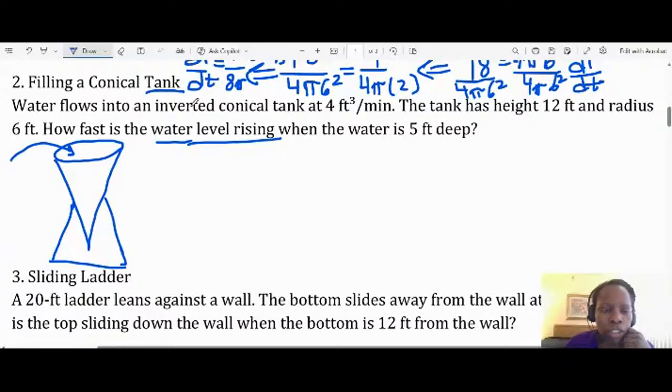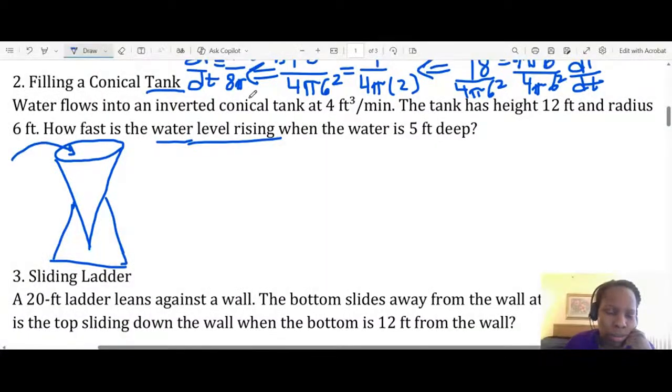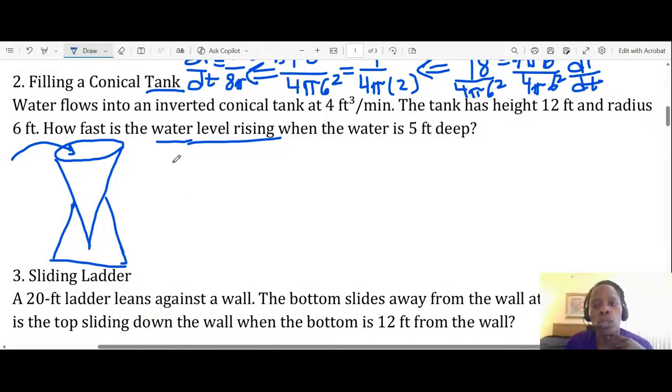Water flows into an inverted conical tank. Let me see, what does it mean by inverted? I don't know what it means by inverted. Maybe it means it's upside down. Who knows? The tank has height 12, so this right here is 12 from here to here.